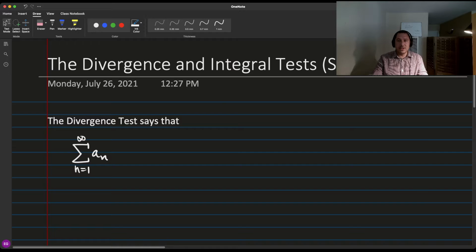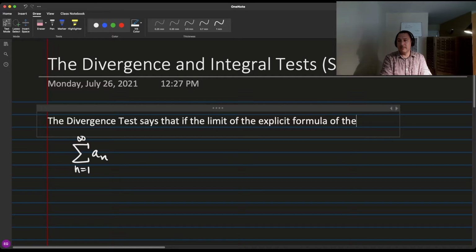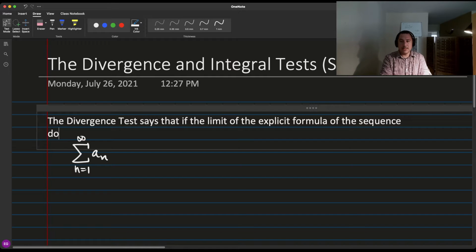The divergence test says that if the limit of the explicit formula of the sequence does not go to 0, then the series is divergent.